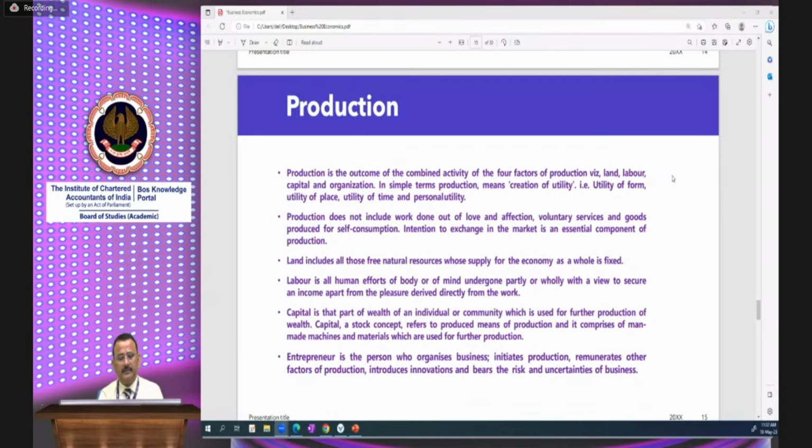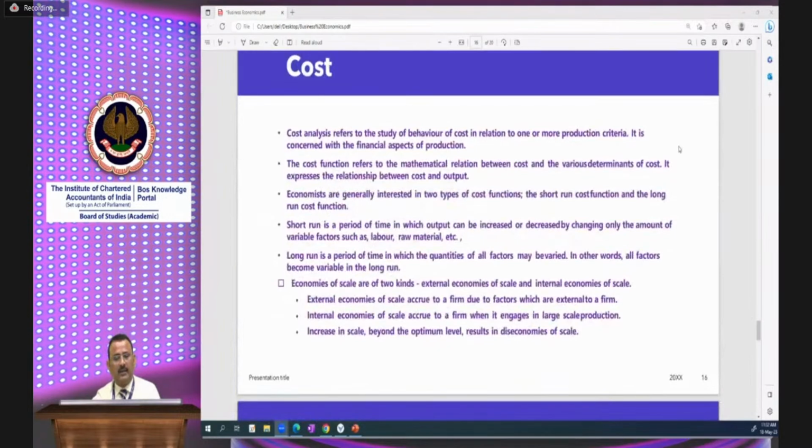Next is the cost, the unit on cost. This is very important because of the subsequent chapters on market equilibrium, the different types of market: perfect competition, monopoly, monopolistic competition, and oligopoly.